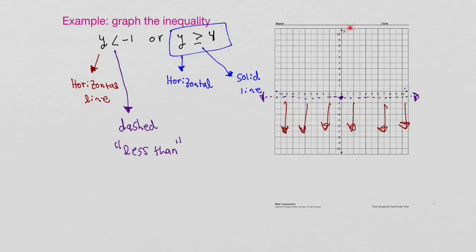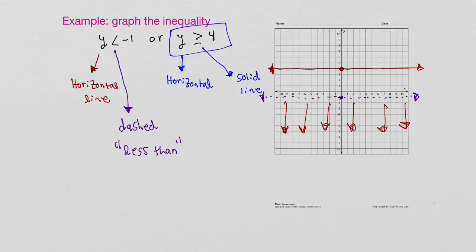So let's look at our y-axis, and this time we're going to find +4. So we go down, and it's right there. Let's go ahead and plot it in red. So we have this, and our horizontal line is going to get cut, but this time we're able to draw it as a solid line.